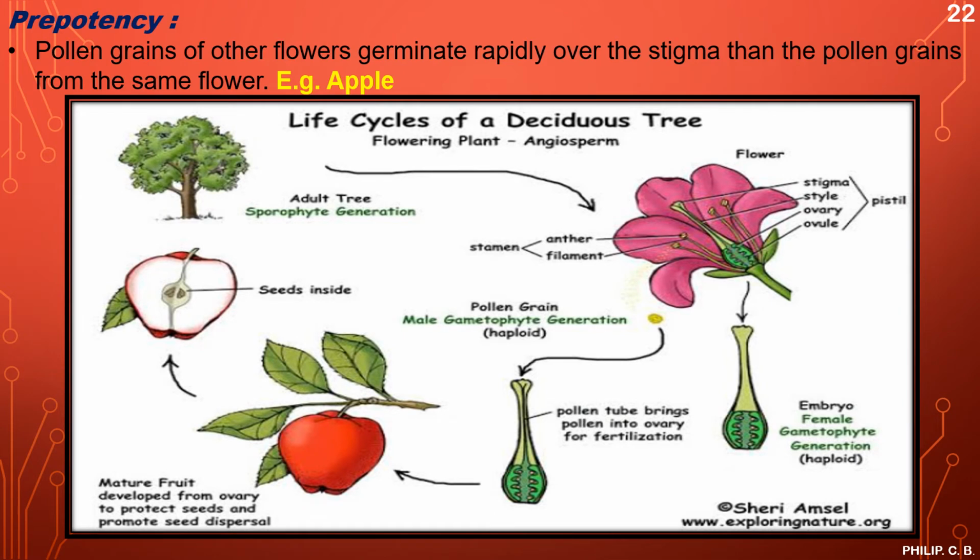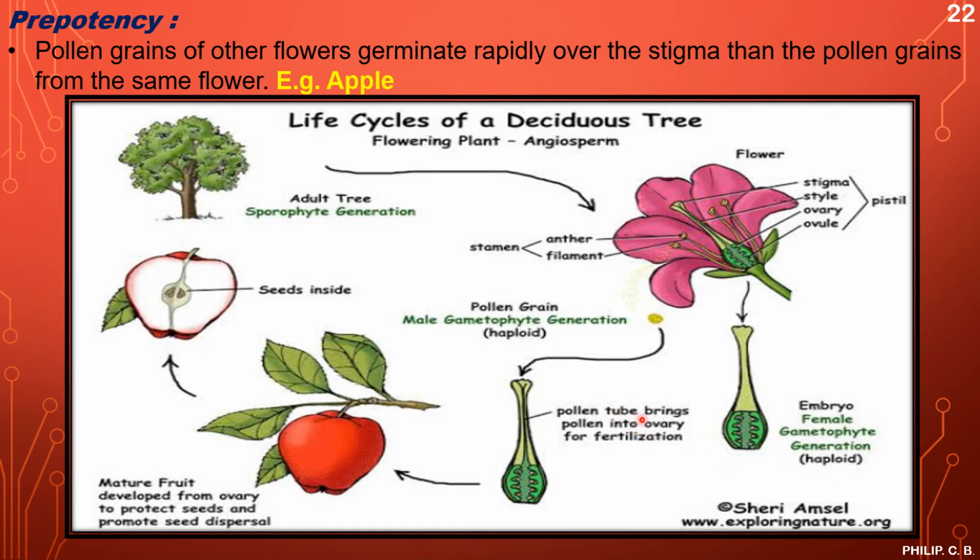Now next is prepotency. Pollen grains of other flowers germinate rapidly over the stigma than the pollen grains from the same flower. Example, apple. Here you can see the life cycle of a deciduous flowering tree. The adult tree, the flower with parts stigma, style, ovule, that is the pistil, stamen, anther and filament. Here the embryo, the female gametophyte which is haploid.